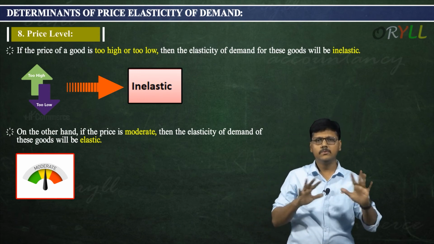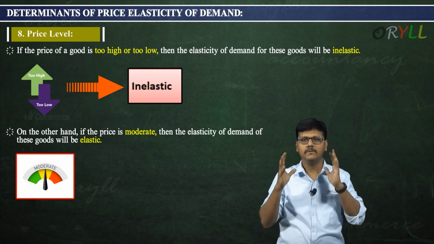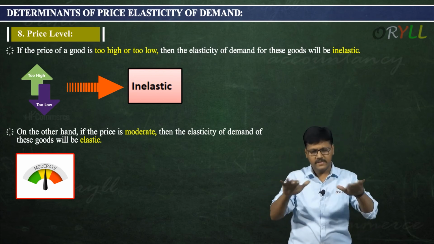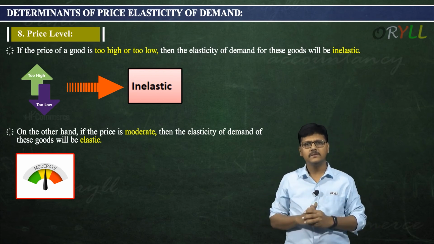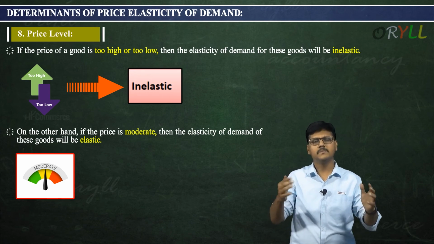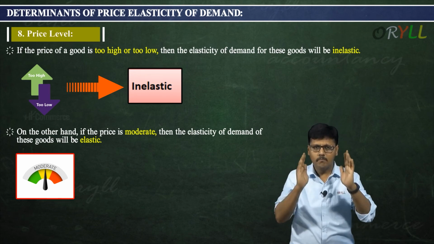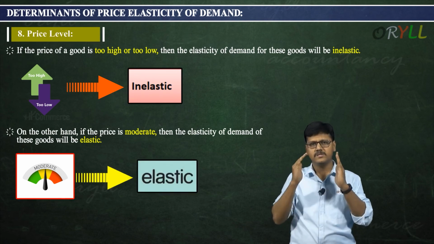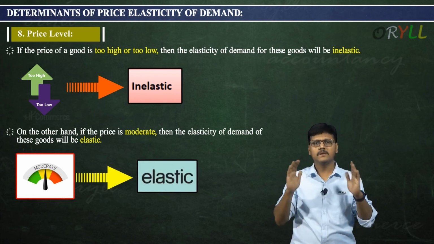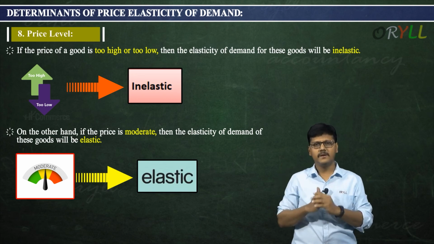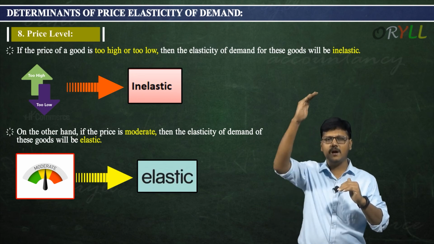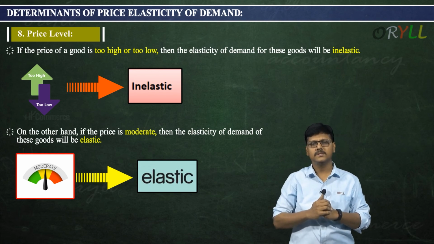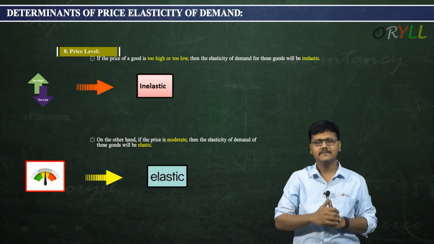And he will try to get another substitute if the owner is very stubborn and is not going to decrease the rent. So for moderate-priced commodities, demand will be elastic. If the commodity's price is too high or too low, then it will have inelastic demand.